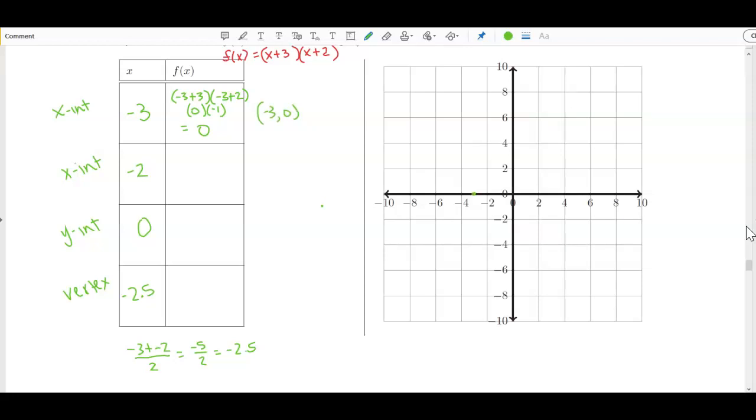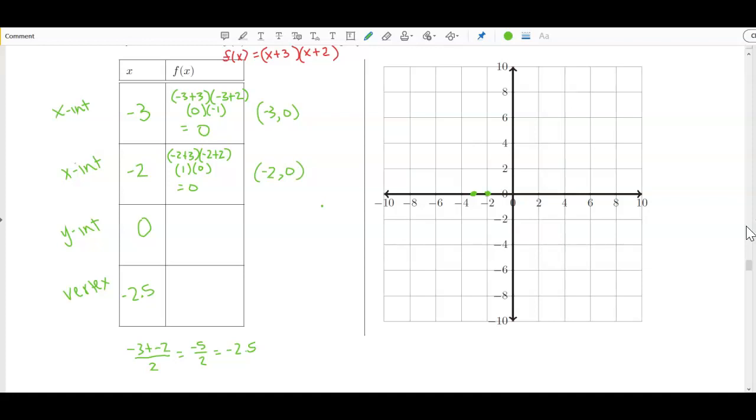That looks like about here on our graph. Same thing happens with -2. If I put -2 in place of my x, and some of you are going to get to the point where you're not going to have to put this in all the time, but I just want to make sure you're seeing why it's happening, 0 times anything is just 0. So -2, 0 is another point.